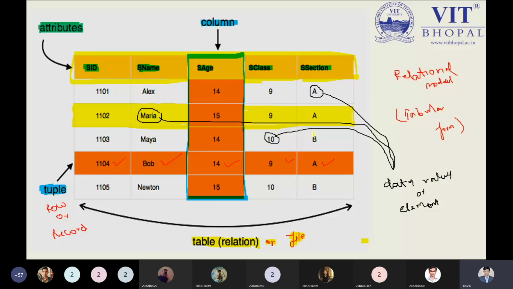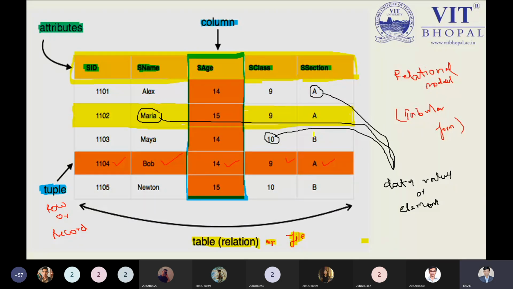I'm talking about the student name, and one name is Newton. Newton is the data value or data element of our student name column. A student can ask me, sir, what is the definition of a record? A record is a collection of the data values or data points which are associated with the columns or attributes, and nothing else.